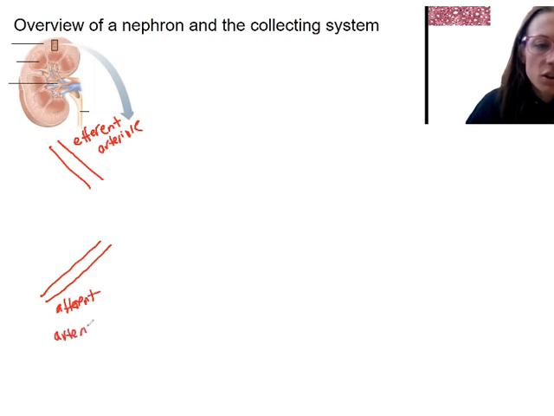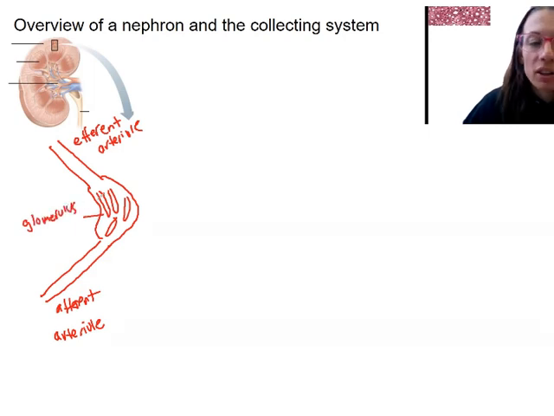In between these two arterioles is what's called a glomerulus. It is a highly fenestrated capillary bed where filtration occurs. We will look at it more closely later. So surrounding that glomerulus is going to be the first section of our nephron.